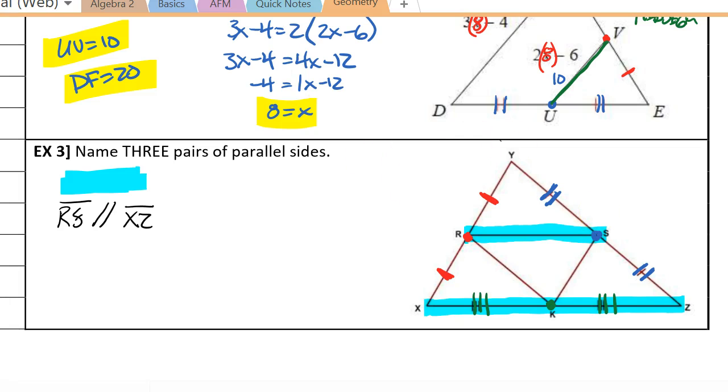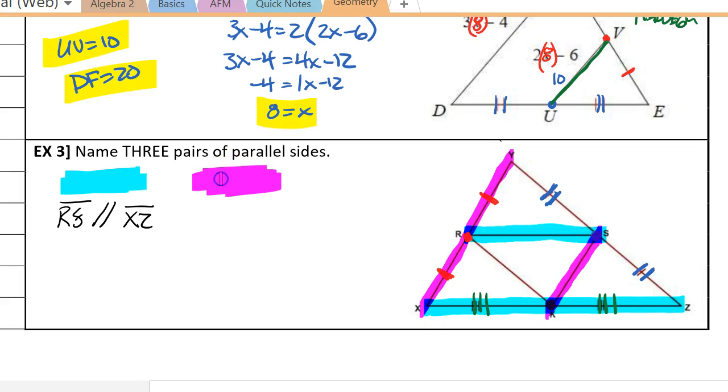I'm going to go ahead and combine another one. I'm going to do purple. I'm going to combine S and K, which means that YX becomes the base. So then SK is parallel to base XY.